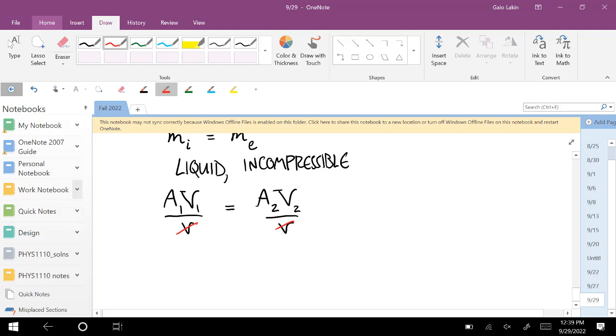So those cancel. What we get is that V2 is equal to the ratio of these areas times the speed at the inlet. Without knowing those areas, we can't know the speed.